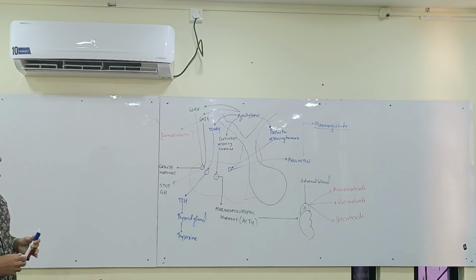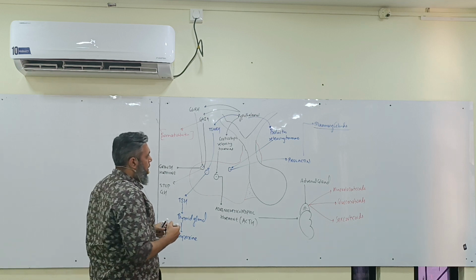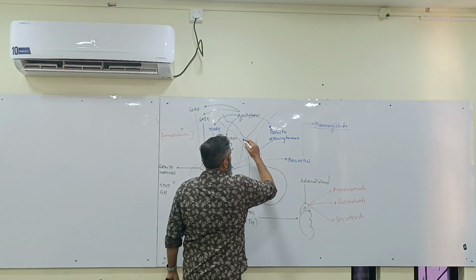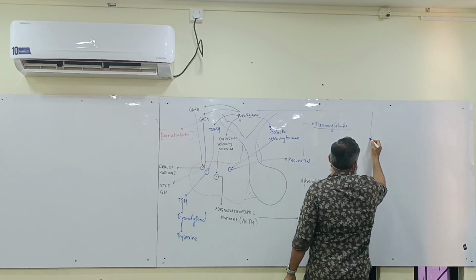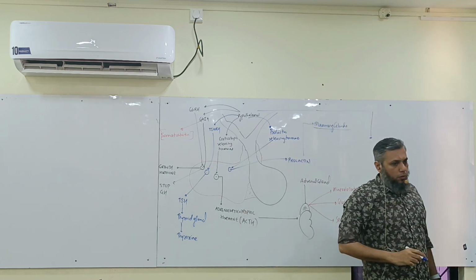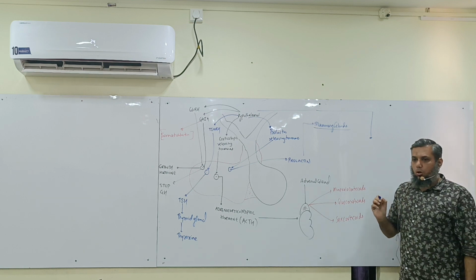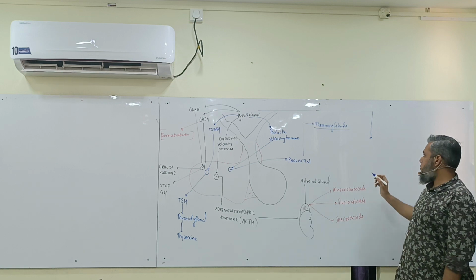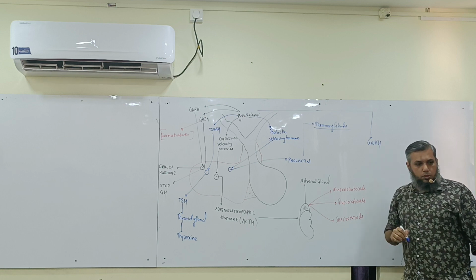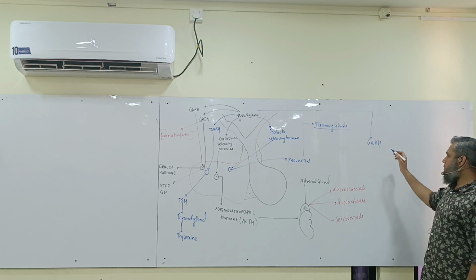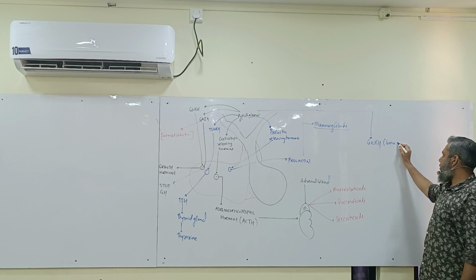Okay. Let's continue. The hypothalamus is secreting another important set of hormones, which are called gonadotropin releasing hormones, GnRH.